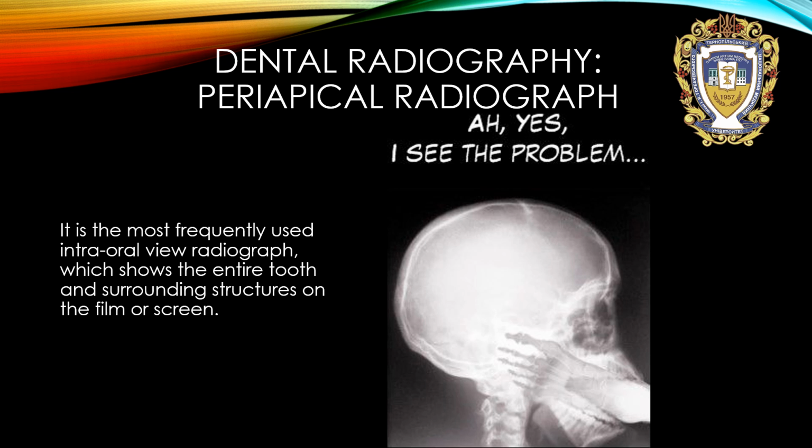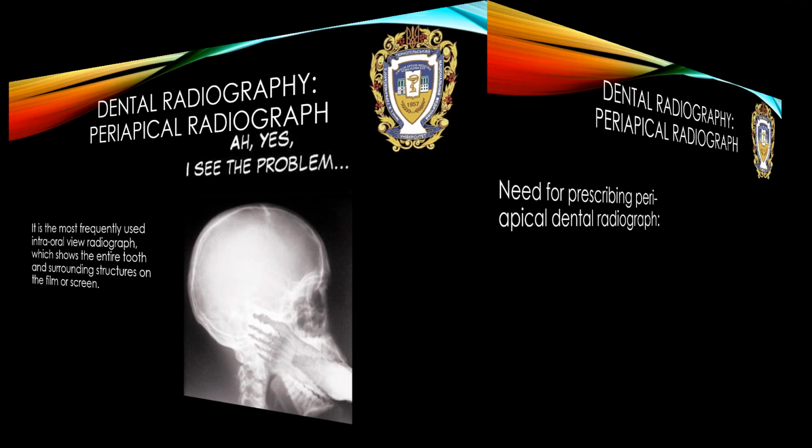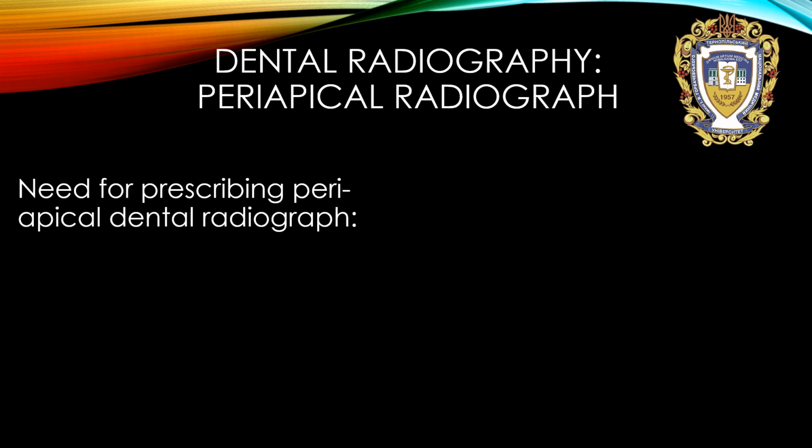It is the most frequently used intraoral view radiograph, which shows the entire tooth and surrounding structures on the film or screen. And the need for prescribing a periapical dental radiograph: extent of caries involvement in the tooth.